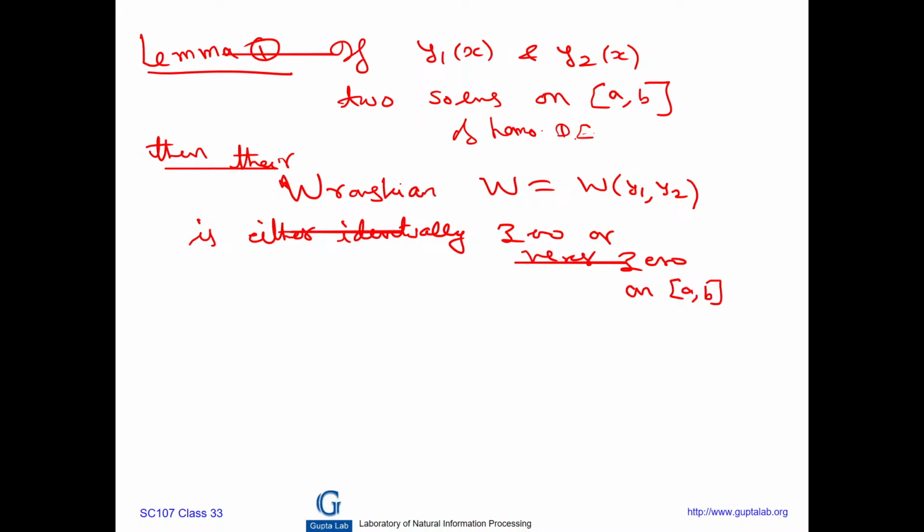Essentially it says that they are either dependent or independent. The Wronskian is either identically 0 or never 0 on the closed interval.